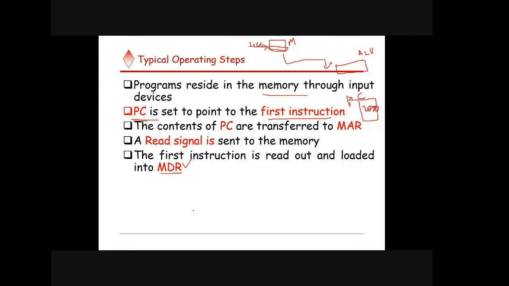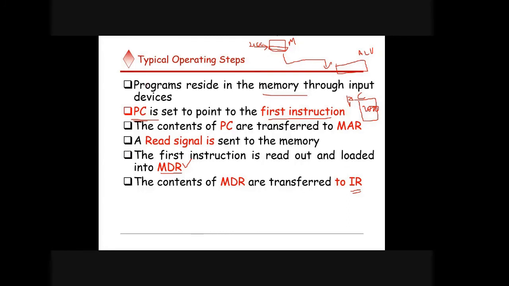Now I should transfer that instruction into the IR register also, because the currently executing instruction is present in the instruction register. I think this is the first set of flows. So at least the instruction we have read from the memory is currently available inside the processor. Till now I didn't start executing the program, but this is the initial set of steps.